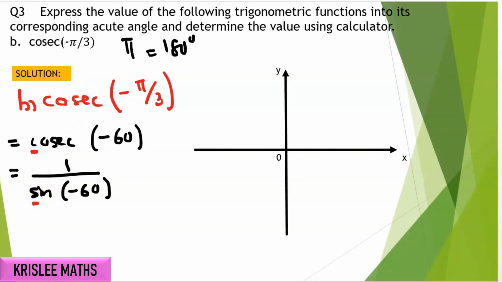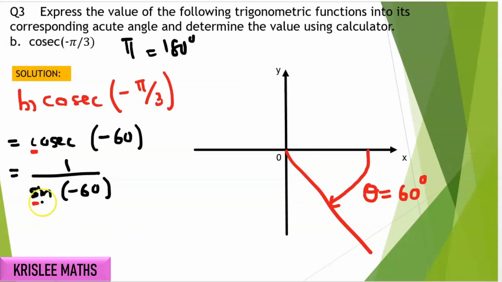Now in order to calculate sine negative 60, you have to go in a clockwise direction. This will be your theta, or the acute angle. It is 60 degree. Remember, when given sine negative 60, a negative angle must go in a clockwise direction. You move 60 degree clockwise. Therefore the acute angle is 60 degree.